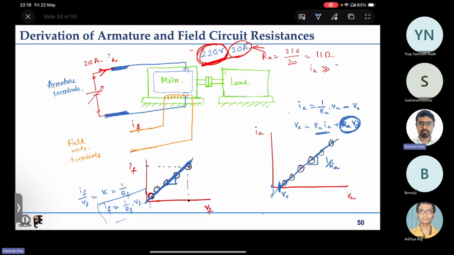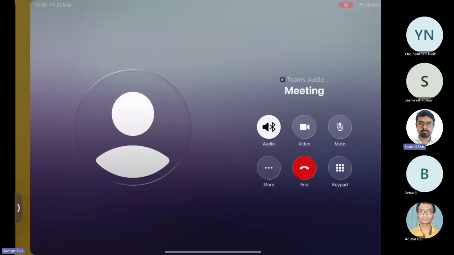The brush is typically made of carbon. The brush contact voltage drop is not very strongly dependent on the current that flows to the winding, but is a constant quantity, mostly independent of the amount of current that you are drawing. This constant quantity is typically written as Vb, the brush voltage drop.